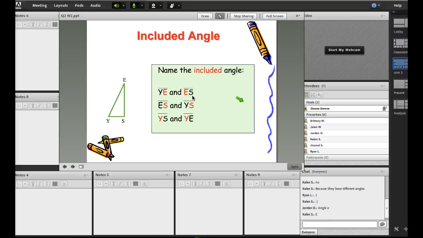Okay, 2. Jalen, what else? What do you think? Ladies, gentlemen, what do you think? What angle is included between YE and ES?